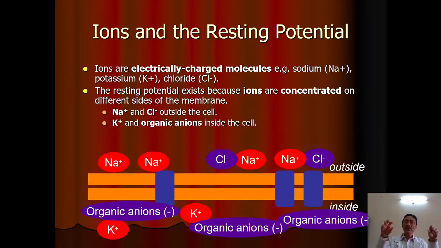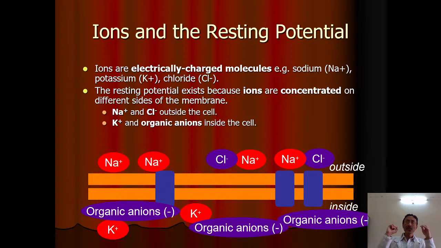Now let us assume that this cell membrane, which is selectively permeable, suddenly becomes permeable to sodium ions only. It will allow the diffusion of sodium ions from outside to inside through these sodium channels.